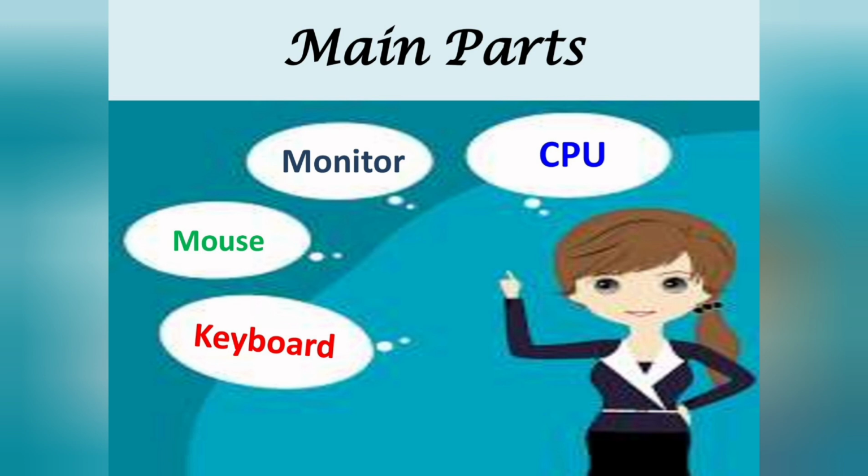What is the use of monitor? Monitor is used for displaying the result. Okay, the last one is CPU. CPU means Central Processing Unit, which is used to process the data.